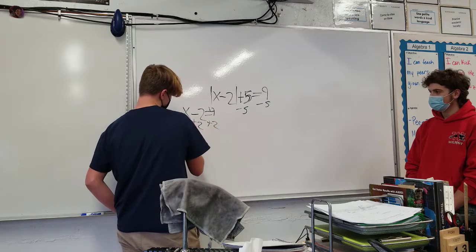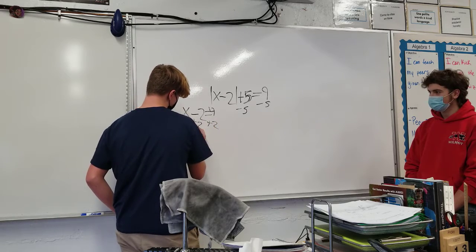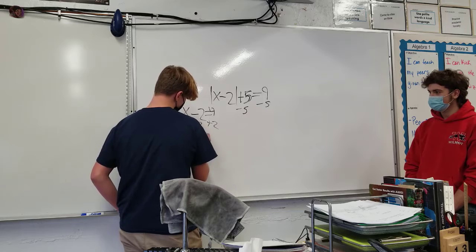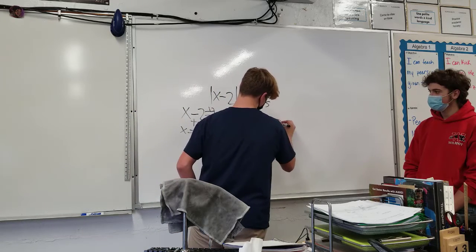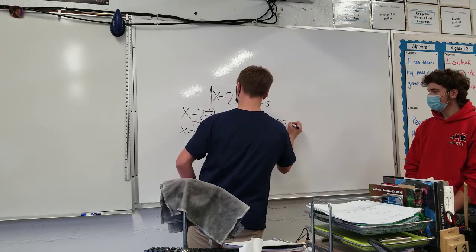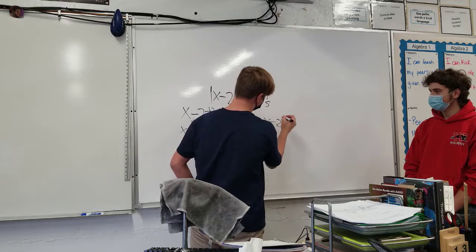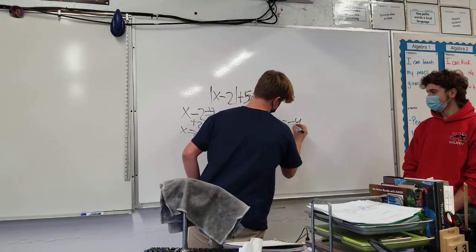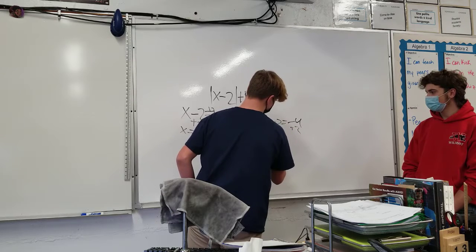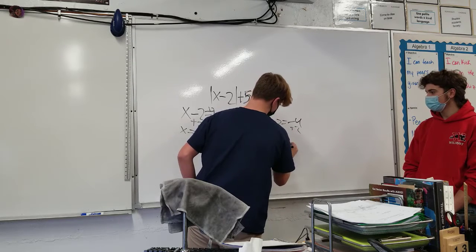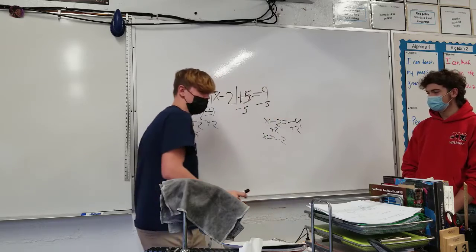And then you'll get x equals 6. And then you want to rewrite it. And you go x minus 2 equals, and you're going to make it negative 4. And you want to go plus 2 again on both sides. And then you bring it down, and you get x equals negative 2.